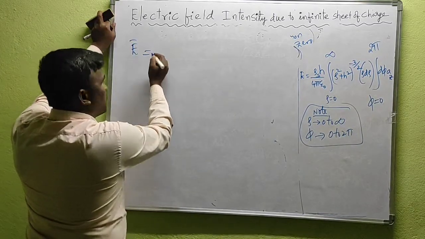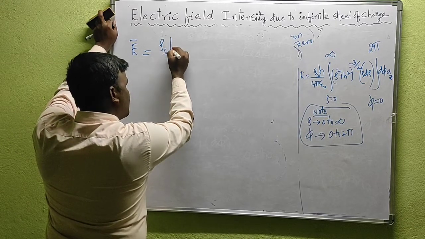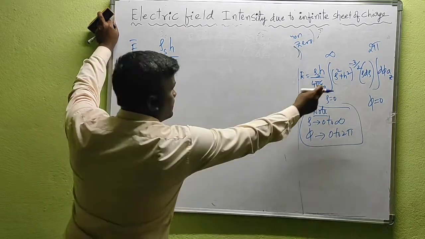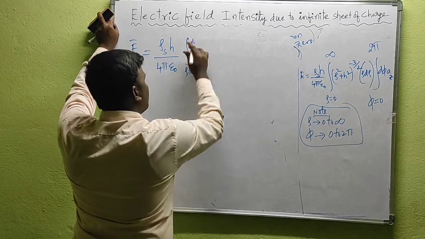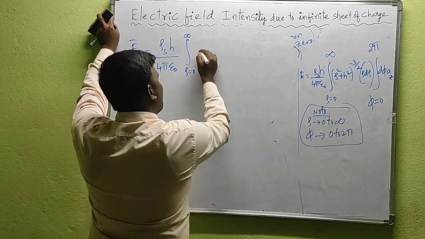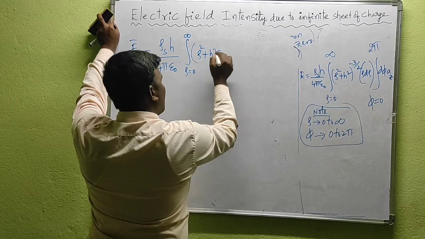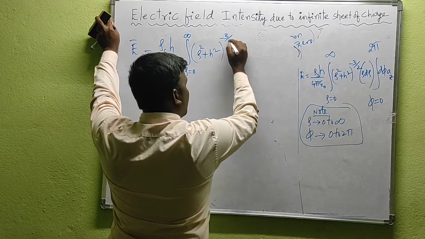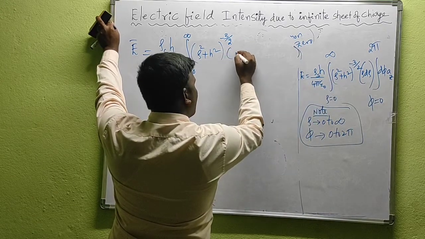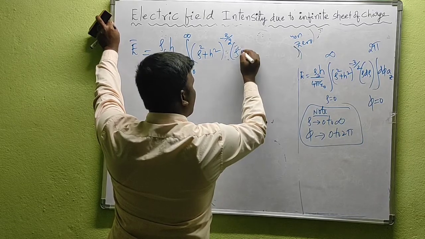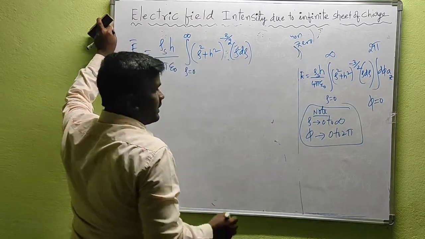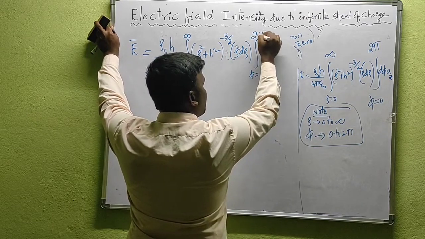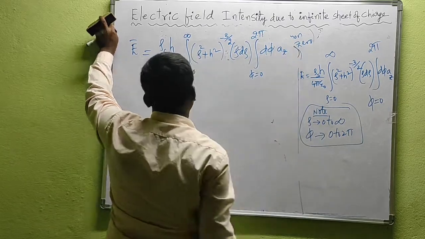E bar equals rho s into h by 4 pi epsilon naught, and this is rho equal to 0 to infinity, rho square plus h square whole power minus 3 by 2 into rho d rho, and integral d phi, the integral limits are 0 to 2 pi into az, the component along the z direction.